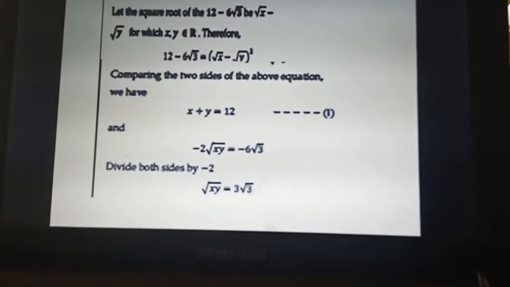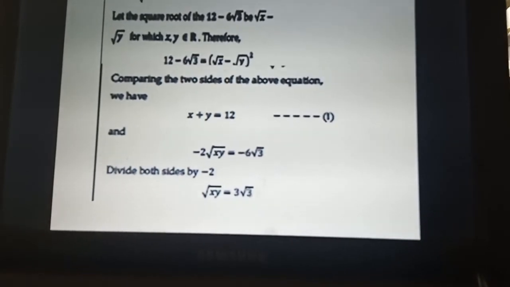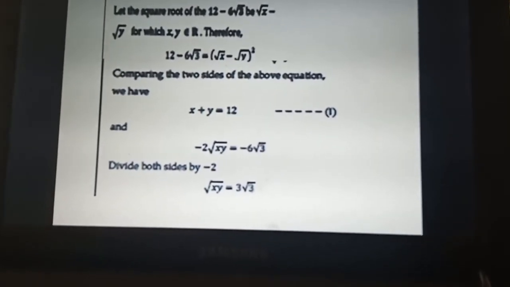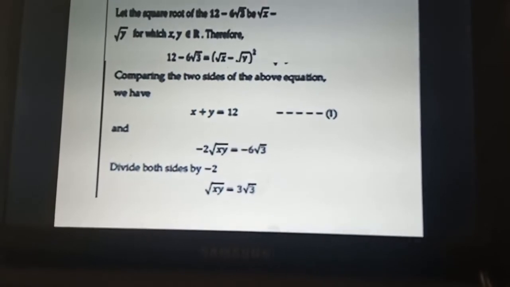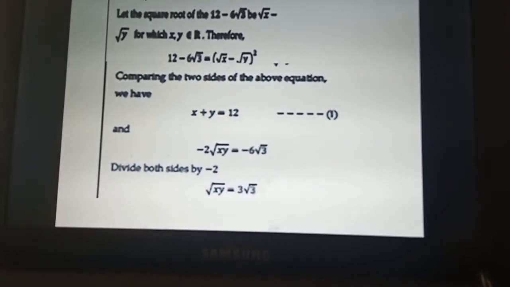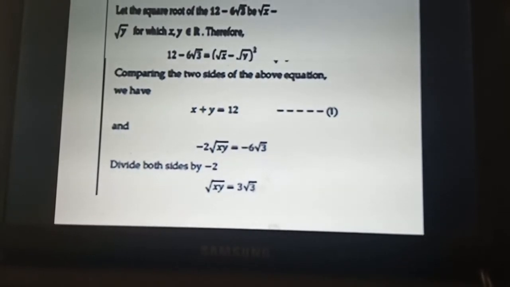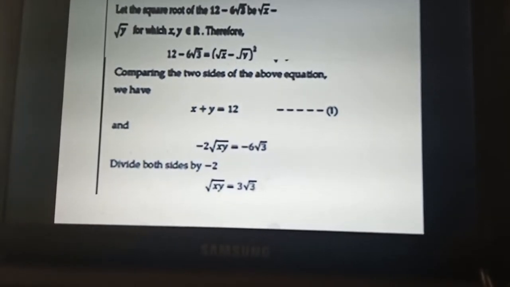Comparing the two sides of the above equation, we have x plus y is equal to 12, equation 1, and minus 2 root of xy is equal to minus 6 root of 3. Then you should divide both sides by minus 2.